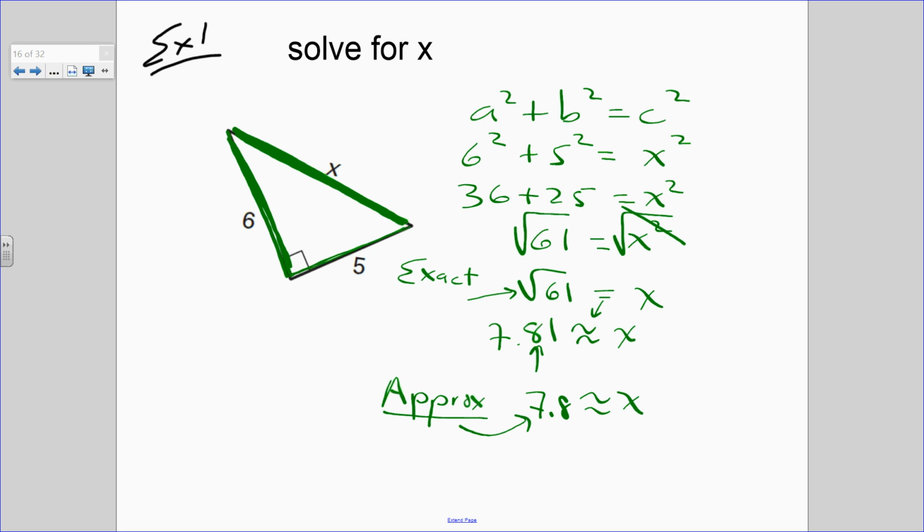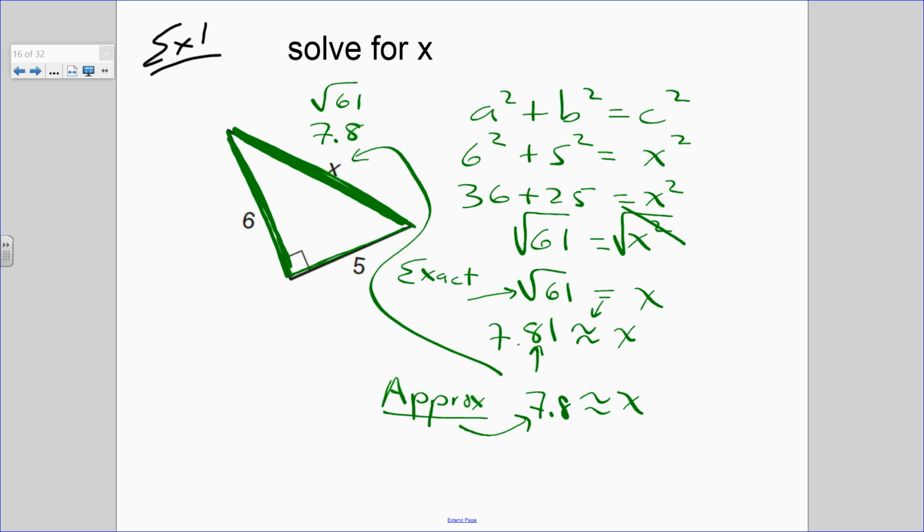So that means x over here, this hypotenuse, is actually about 7.8 units long. Or exactly, if I want to say how long is x exactly? Well, I'd say it's the square root of 61 units long.